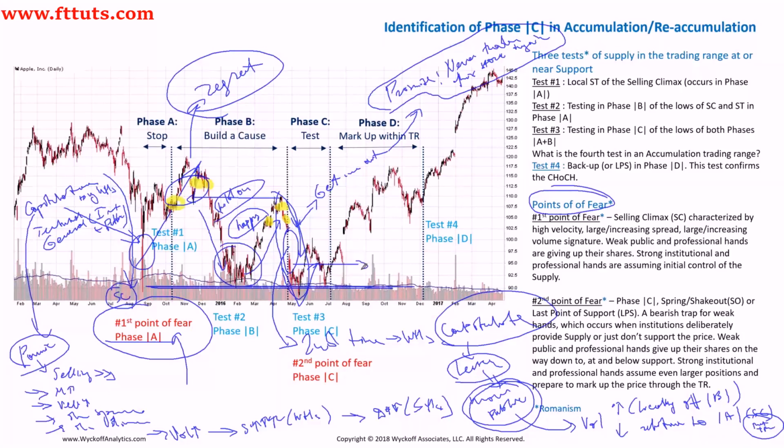Therefore, this last public supply is observed at this level, and therefore what's going to happen after that? There is only one thing: the price will go up. As supply has been absorbed at the support level, those last pieces of last public capitulation into phase C, that absorption leads to the rise, to the sign of strength, and then this is where mean reversion trades happen.